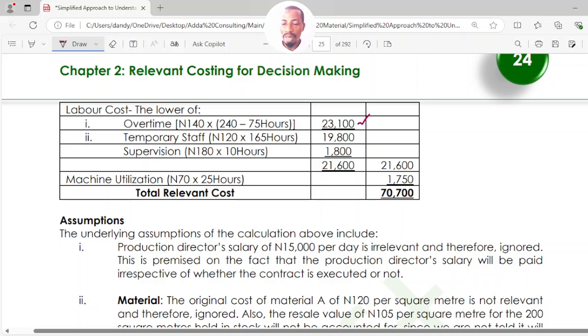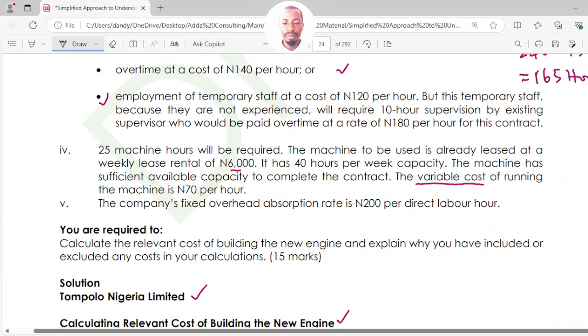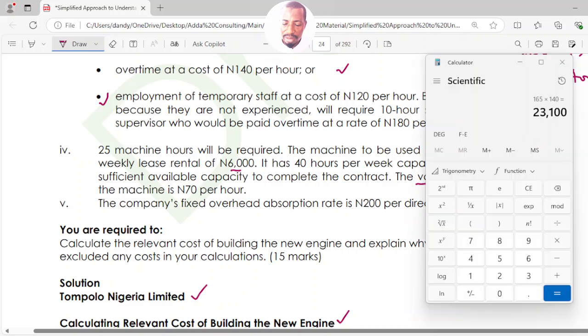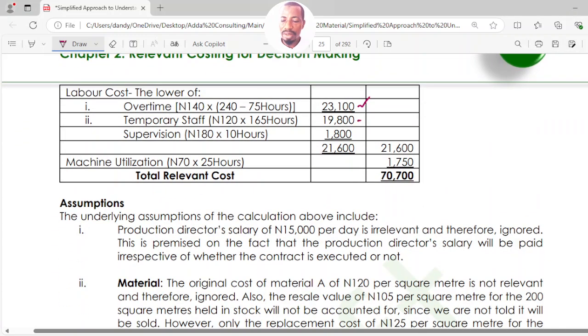Then I will now do the temporary staff. The second option is employment of temporary staff at a cost of 120 naira per hour. Therefore, I would say 165 hours multiplied by 120 naira equals 19,800. So I will go and put it there. Here is the 19,800.